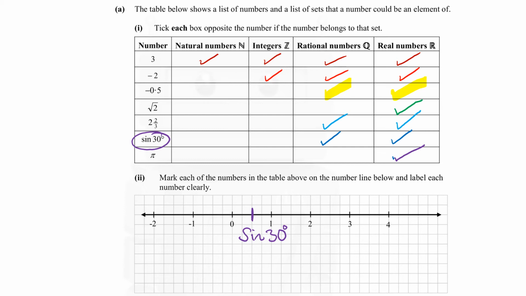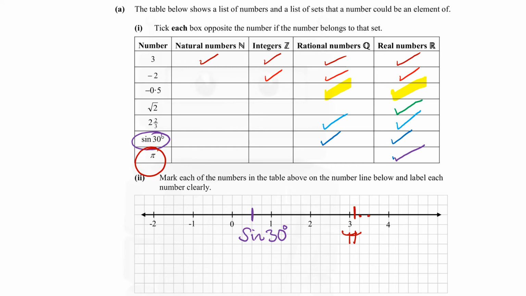Pi is 3.14. So this is 3.25 here. This is 3.5. So it's here. It's halfway between 3 and 3.25 approximately. So I'll just do it there and say pi. 2 2/3.